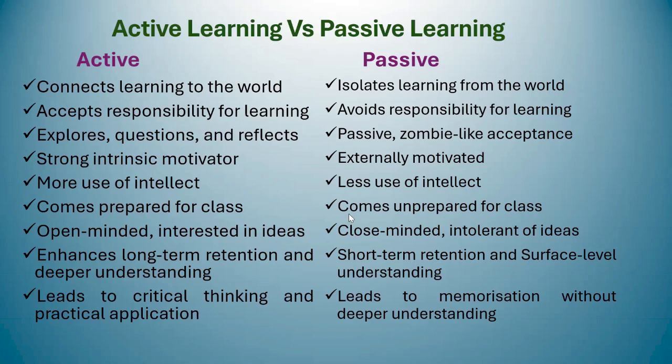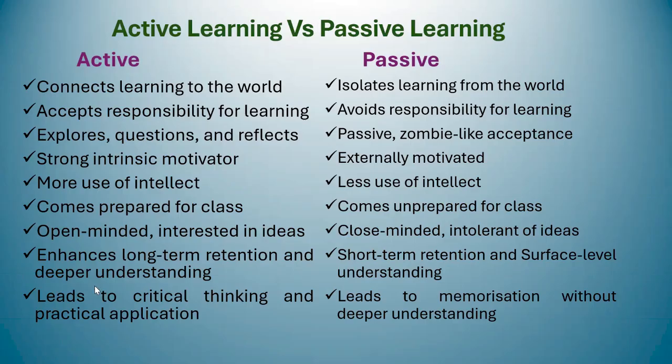It means the teacher is not fully motivated here. Here there is open-mindedness. Children and teacher, they are interested in ideas. On the contrary, they are close-minded and intolerant of ideas. You may also say like this.